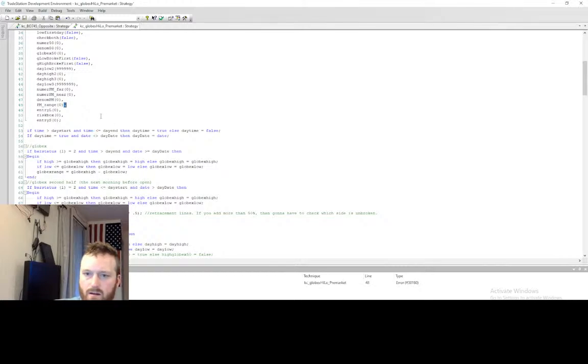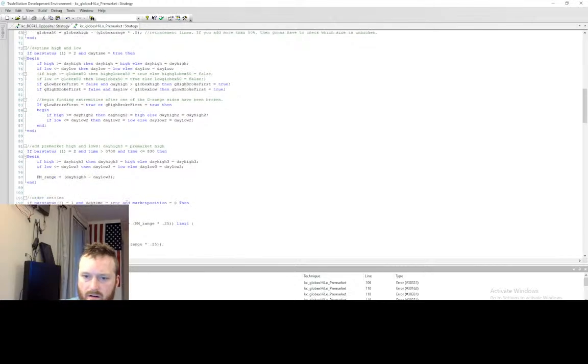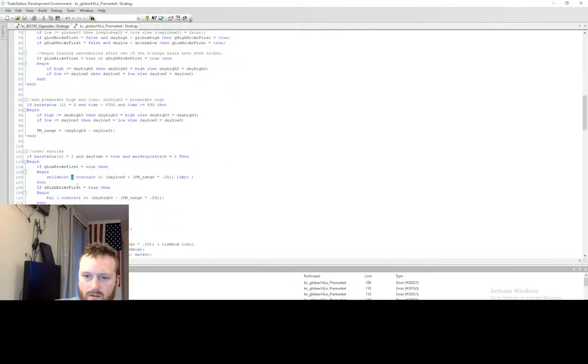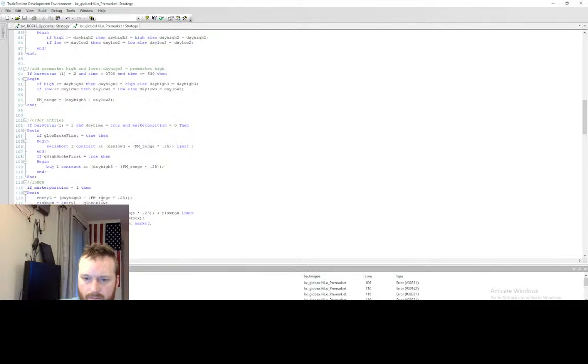Let's see if there's any mistakes here. Sell short one contract. Why is that a problem? Next bar. Oops. Sell short one contract. Next bar. Is that right?